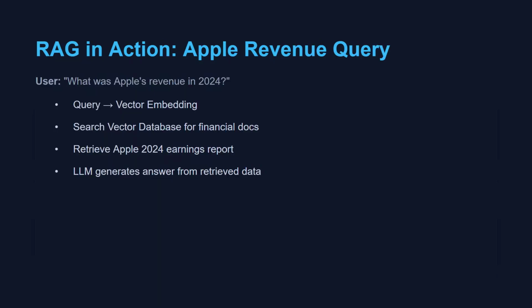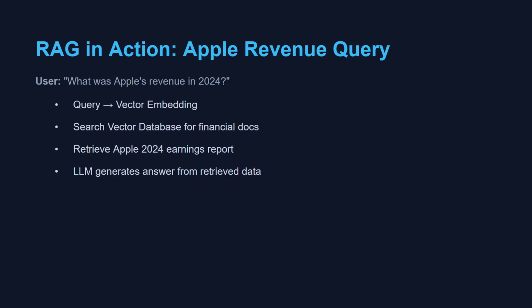Okay. Now if we talk about RAG in action for a particular example, like the price of a particular stock, say an Apple revenue query. If the user asks what was Apple's revenue in 2024, what will happen?